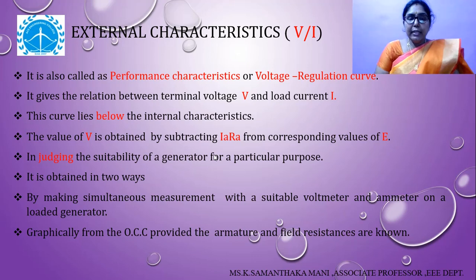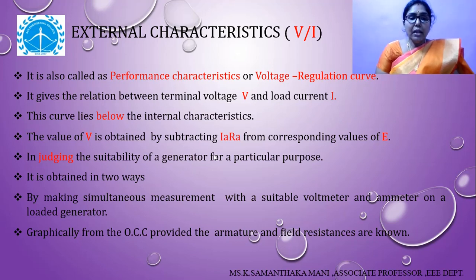After getting the EMF generated in the armature, that won't be the same at the terminal. After deducting the armature reaction drops and the armature resistance drops, the voltage finally obtained at the terminal of the load will definitely be less than the generated voltage E naught. That is why this curve lies below the internal characteristic curve.